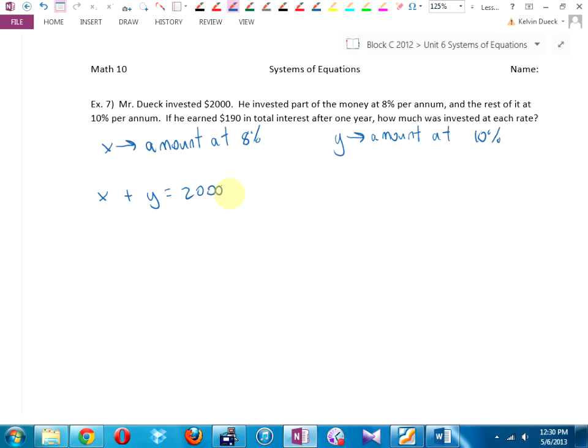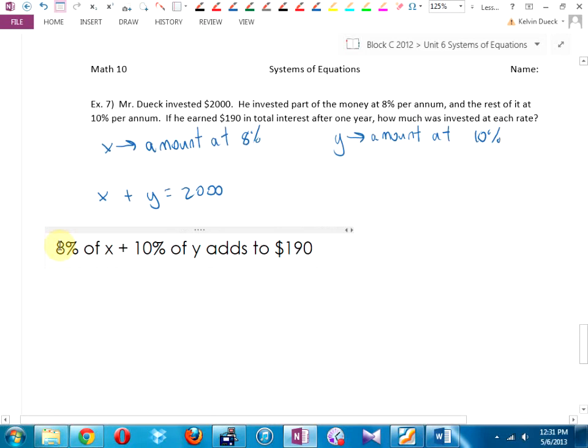Our next equation is going to have to somehow use that 8%, that 10%, and that 190. Put your pencils down. Really, here's what we're saying. 8% of x plus 10% of y adds to 190 bucks.